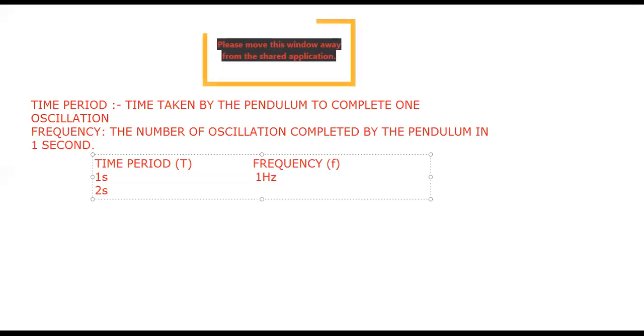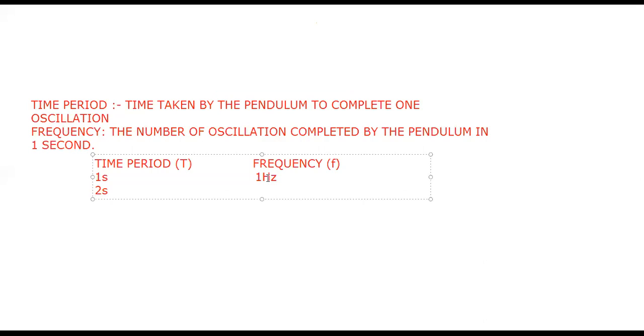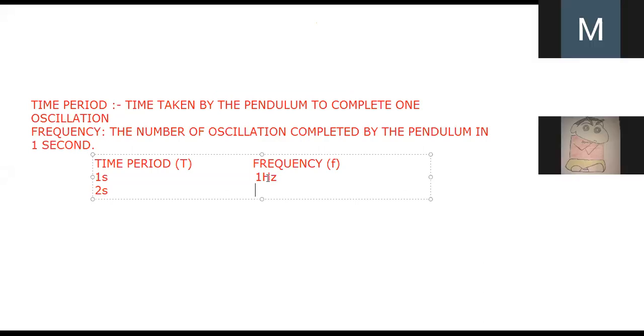Srishti, wrong. Reyansh, right. Piyush, right. Shivani, wrong. Sanika, wrong. Avni, whatever the number of oscillations it is completing in 1 second, that's the frequency.